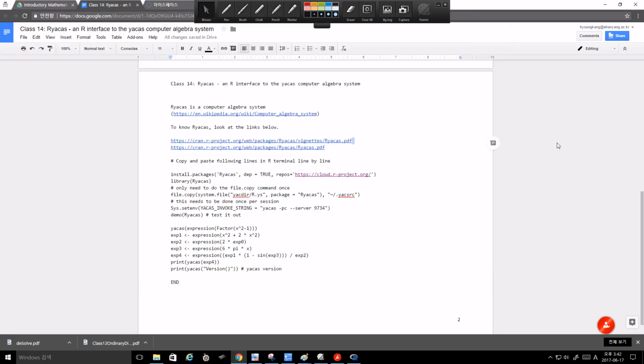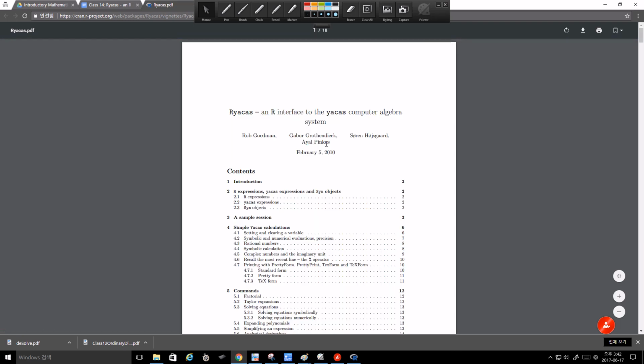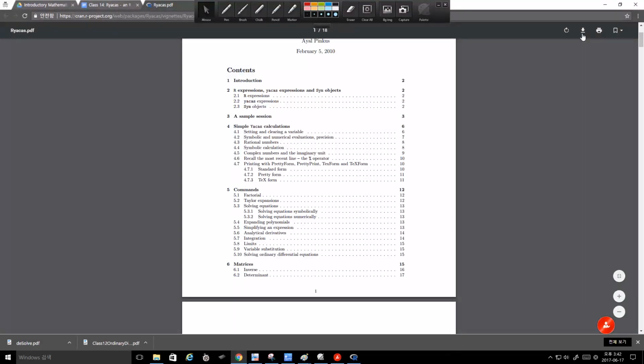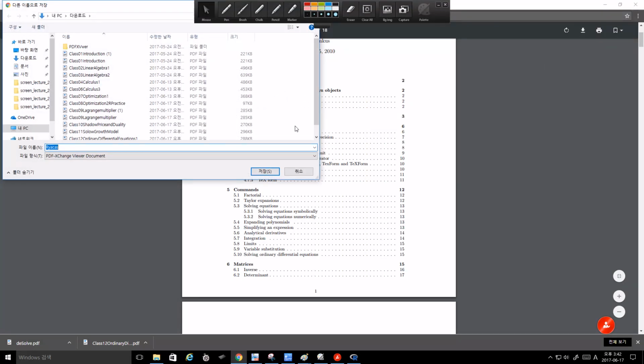Now I think we are ready to take a look at this one. So let's open this one. Yes, the Ryacas R interface. Download here.